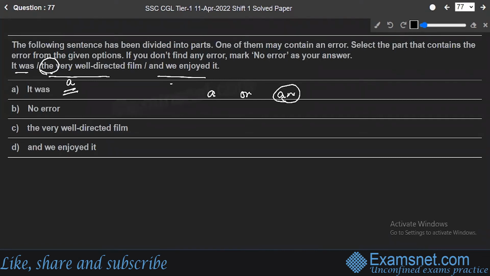So if you are having a consonant, we will use a. So this is the incorrect part of this sentence. Option C is the answer. The should have been replaced by a. I hope you got this.